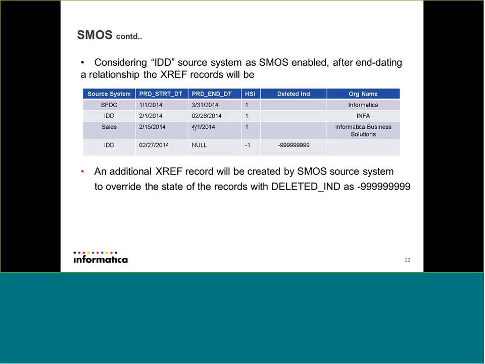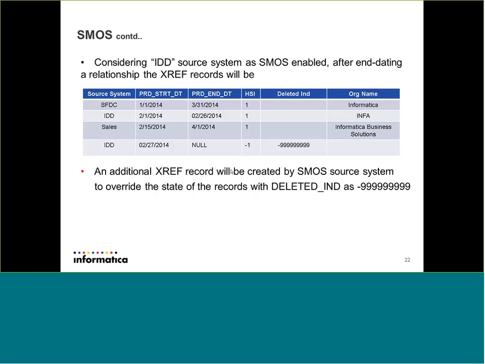To achieve this, we have the property called SMOS, State Management Override System. That means I am overriding the state of the record. Whenever there is a concept of end dating, I use the SMOS source system to make that change and override the state of the record, and make it available for the business for the dates for which the business needs it to be active.